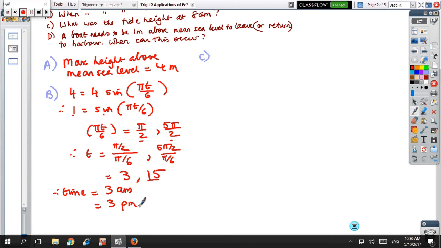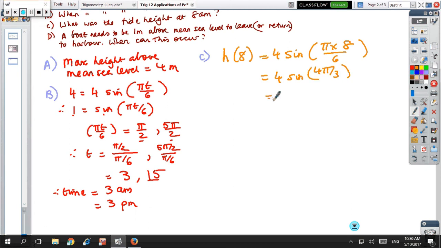Okay, next one. So let's have a look. What was the tide at 8 AM? So the height after 8 hours equals 4 sine pi times 8 over 6 equals 4 sine 4 pi on 3. Okay, now 4 pi on 3, you've gone past, so it's going to be negative.